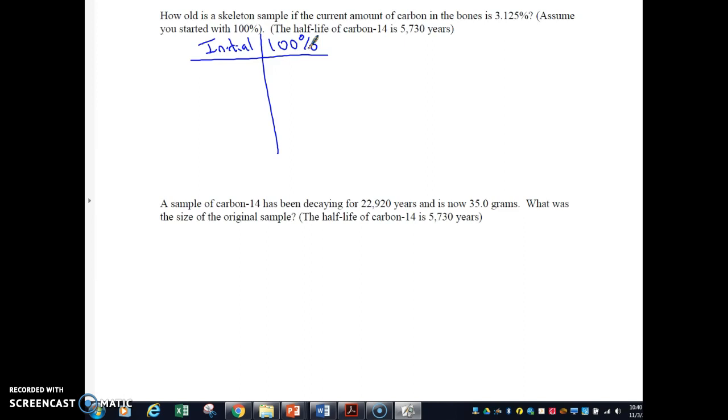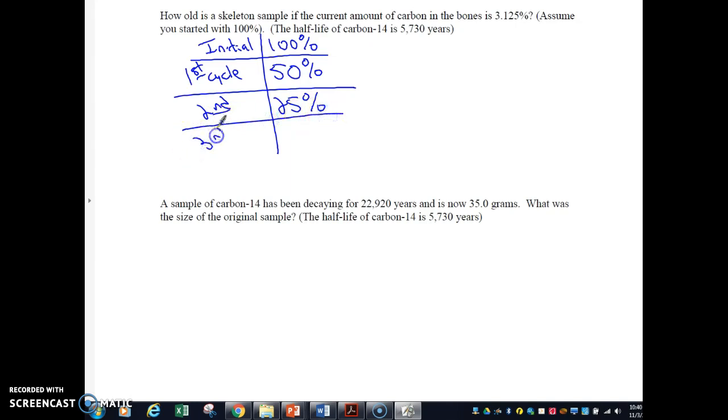So after the first cycle, that gets cut to 50%. After the second, it goes to 25%. After the third, you have 12.5%.